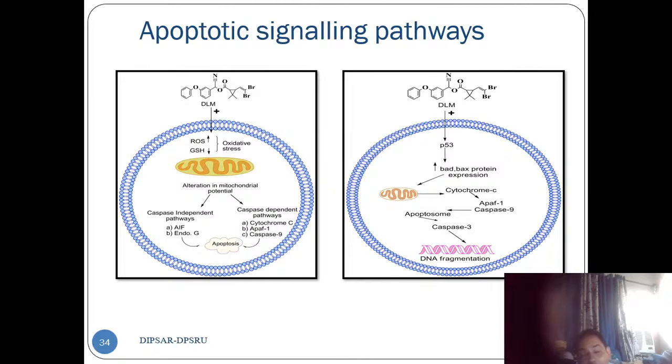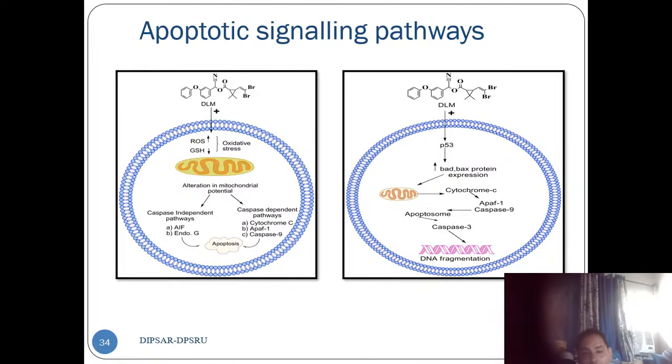So every one of you has to know the apoptotic signaling pathways: there is an intrinsic signaling pathway and an extrinsic signaling pathway, how intrinsic signaling pathways are initiated, what is oxidative stress, how oxidative stress in mitochondria results in the apoptosis signaling pathways, what are the caspase dependent and caspase independent pathways, what are the proteins which are involved, how they are activated, how they are phosphorylated, dephosphorylated, and how they act on the DNA and do the DNA fragmentation, which is a hallmark of apoptosis. So you should understand the apoptotic signaling pathway or cell death pathways.